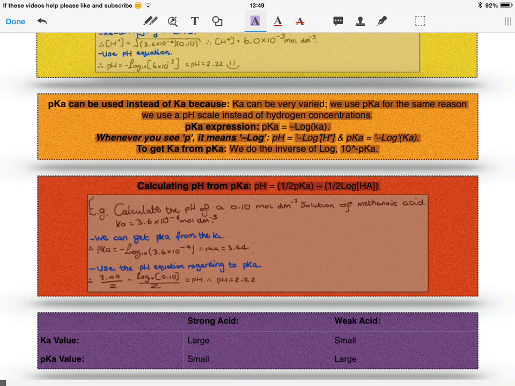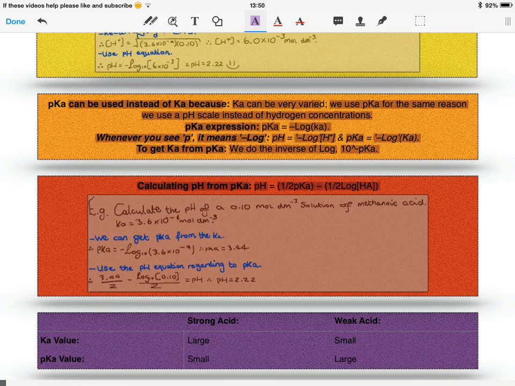Then we just use the pH equation regarding pKa. So that's half pKa, so 3.44 divided by 2, take away half log of the concentration of the acid, so log base 10 of [0.10], all divided by 2, and this again gives us a pH of 2.22.